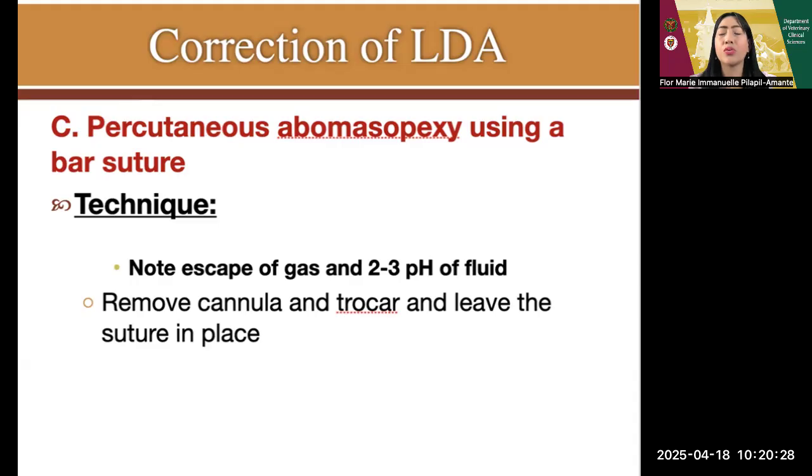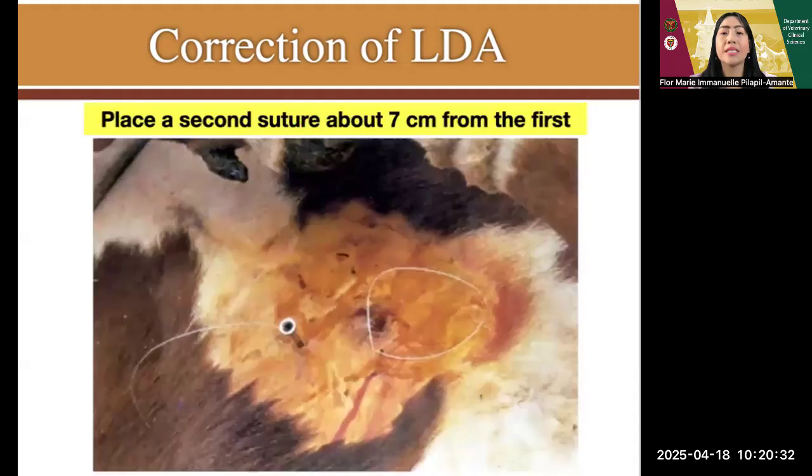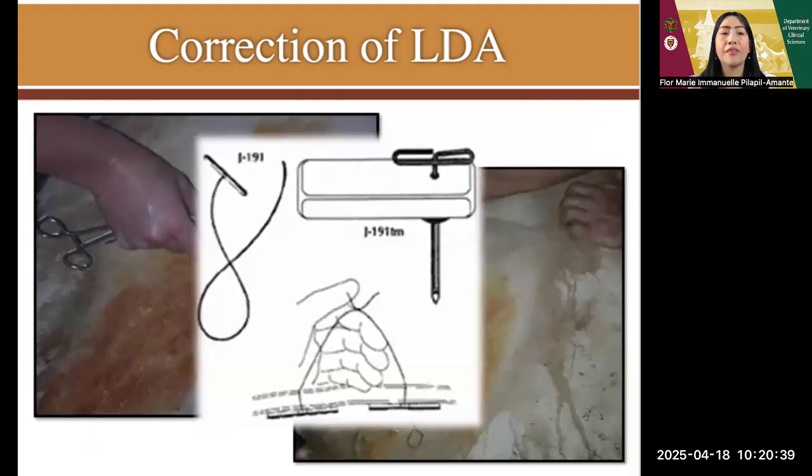Remove the cannula and trocar and leave the suture in place. Place a second suture about 7 centimeters from the first. And then after which, you're going to tie the free ends of the two sutures together.